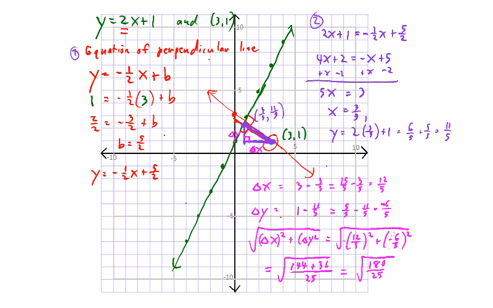Okay, so when you look at that ratio, if it had been 175 over 25, it would go in evenly. We would have 7. So the square root of 7 is less than the square root of 180 over 25, but it's clearly less than the square root of 8. So the distance should be more than 2, and it should be clearly less than 3, but getting close to 3.